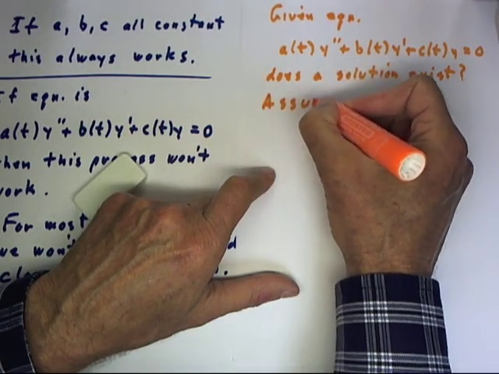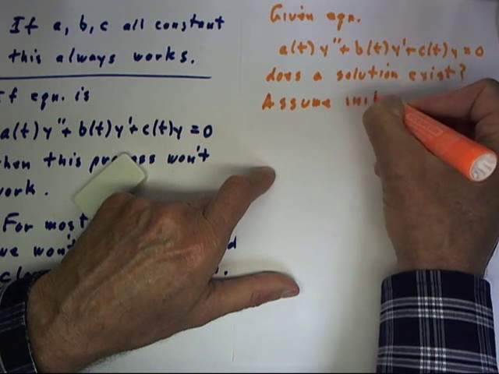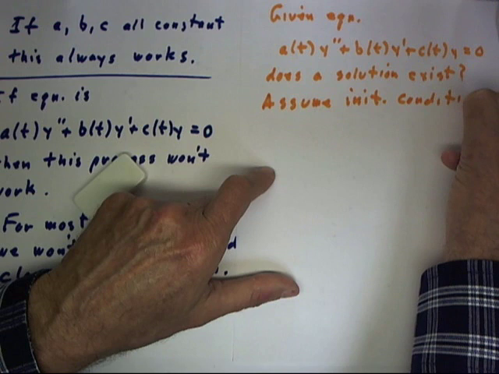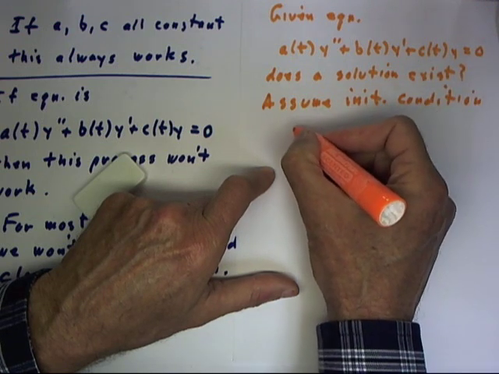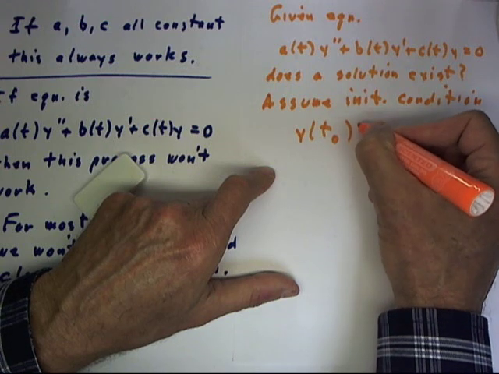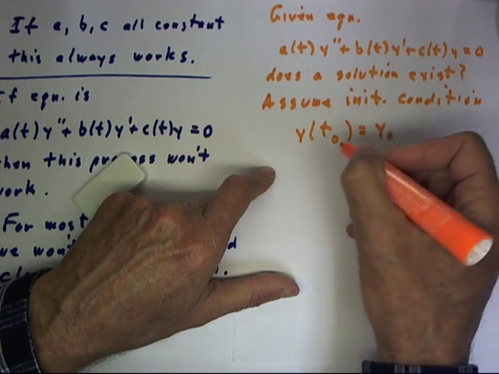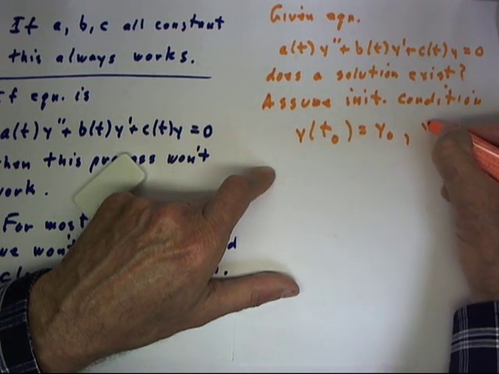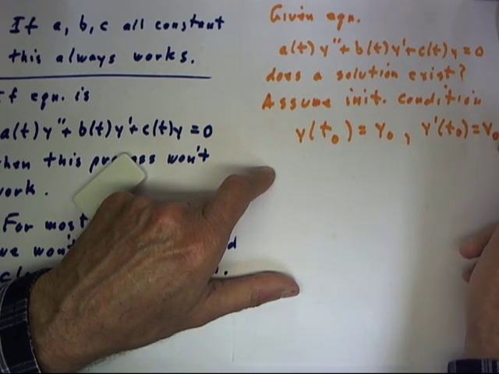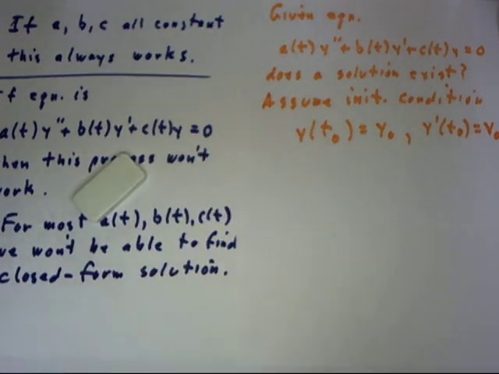So let's assume initial conditions: y of t naught equals y naught, and y prime of t naught equals, and we'll just arbitrarily call this v naught.